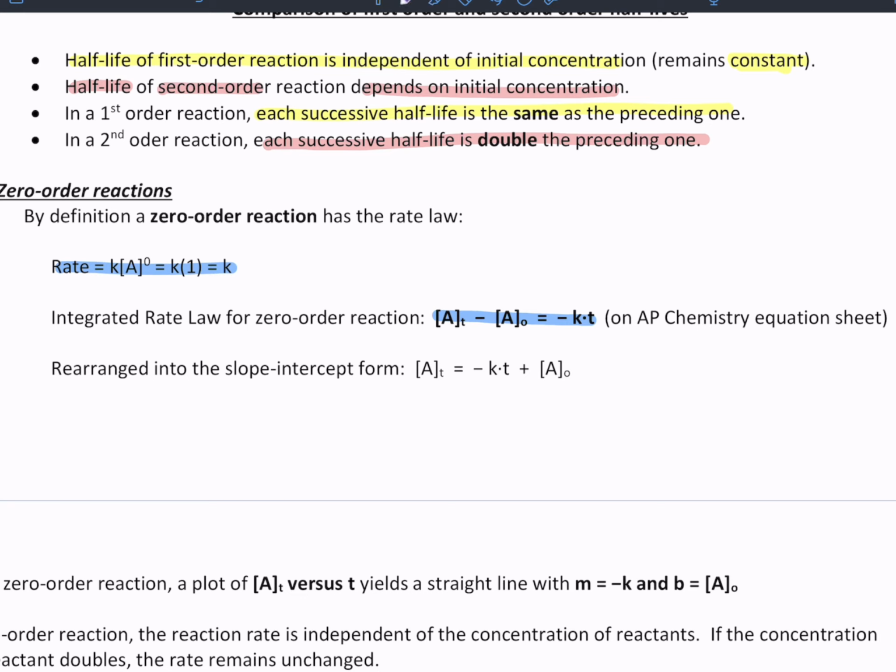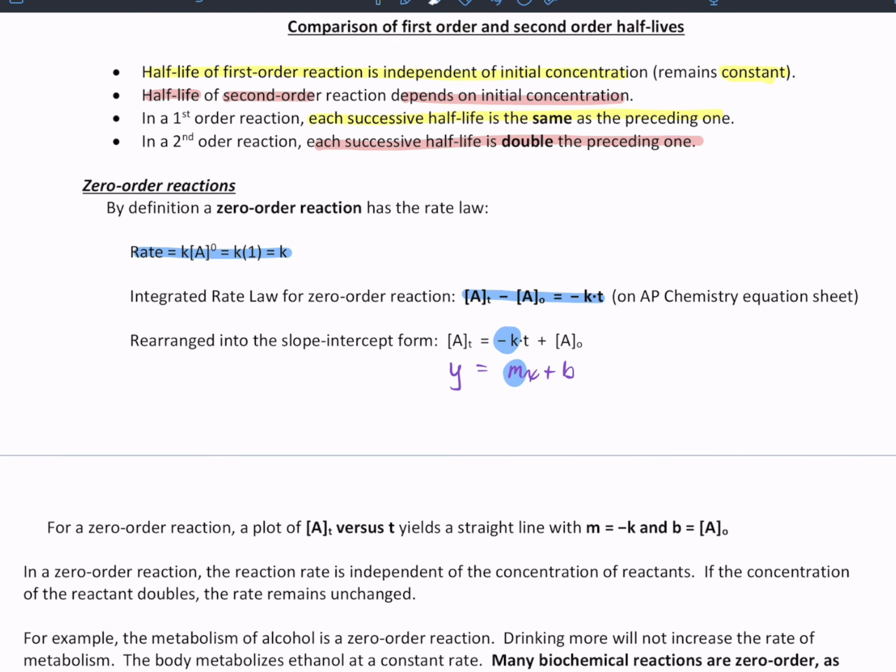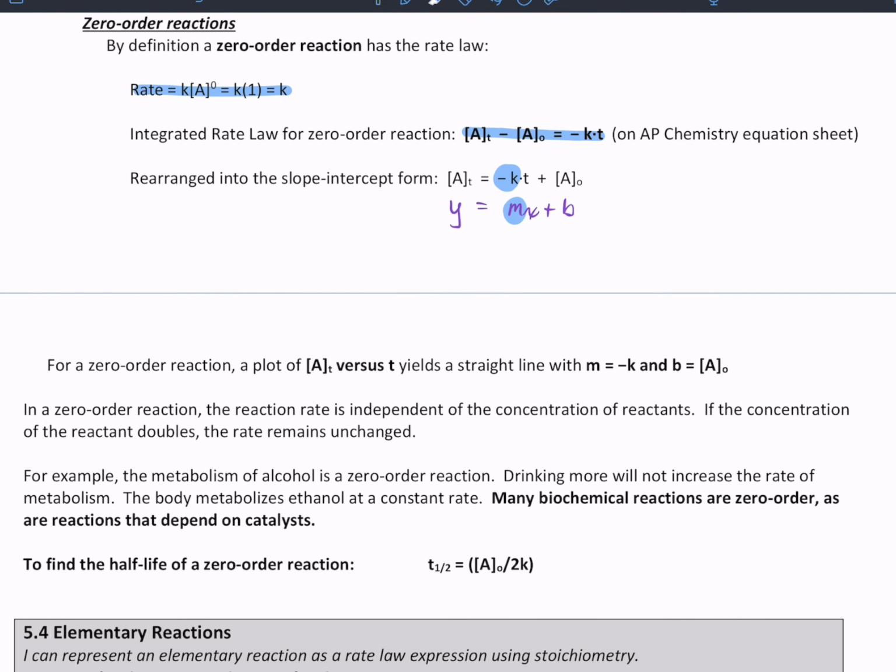Rearranged in the slope-intercept form, y equals mx plus b. Big thing to get from this is that the slope of the line of your graph is going to give you the value for your rate constant. Your slope will be negative, so you will want to take the positive value of that for your rate constant. Okay, slope is negative k, and your y-intercept is that initial concentration.